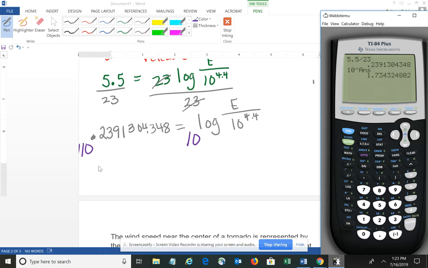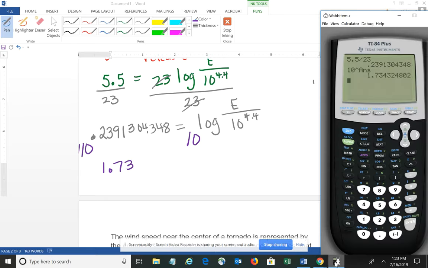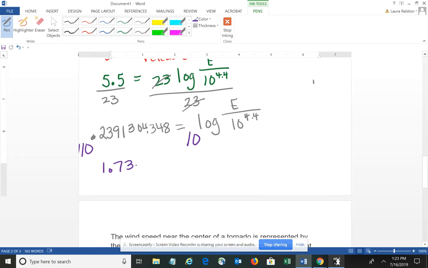And I get 1.734324 equals, on the right side, exponential of base 10, logarithm of base 10. So we have e divided by 10 raised to the 4.4 power.